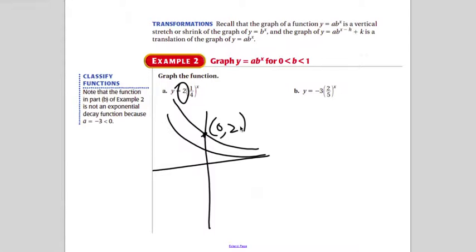This also means that the asymptote is still y equals 0, which means your domain is all real numbers and your range is y greater than 0.